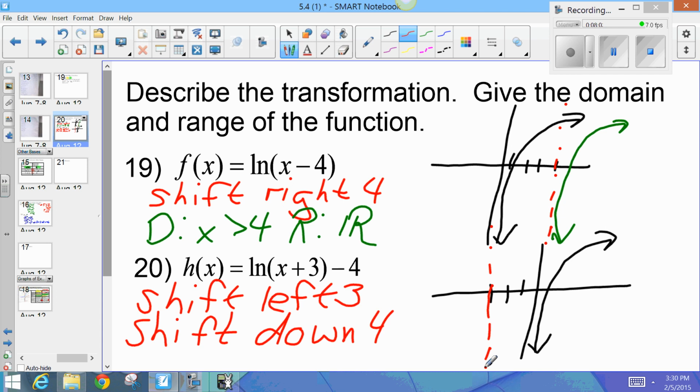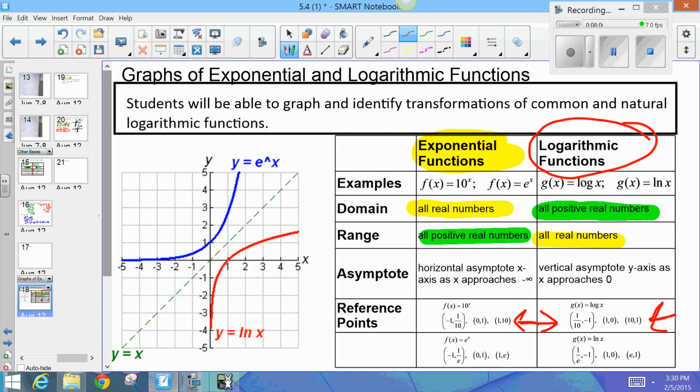So let me think about this. I should be looking at the red graph.